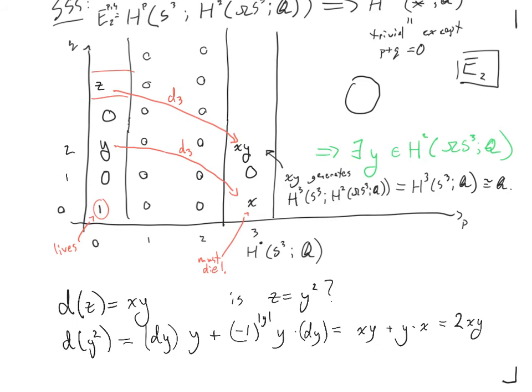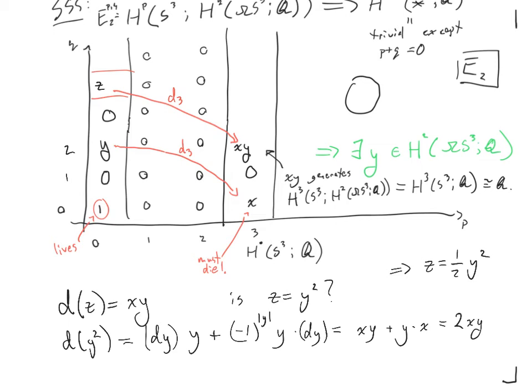So it turns out that z is a half of y squared, or z maps to 1/2 of what y squared maps to.